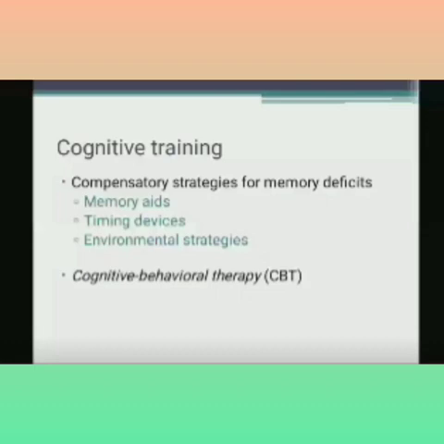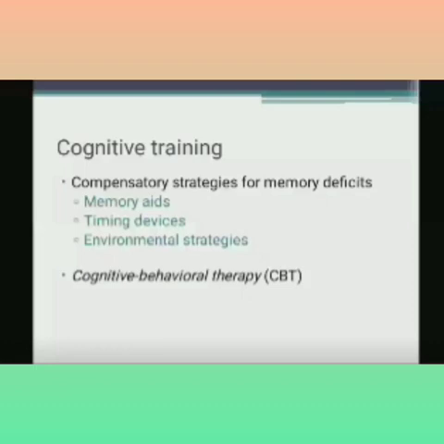And there is something called cognitive behavioral therapy. Basically there are some activities which can be incorporated along with the cognitive task, like dual tasking. One activity will be cognitive and one will be motor, so during walking you may ask them to talk about their activities or something like that.